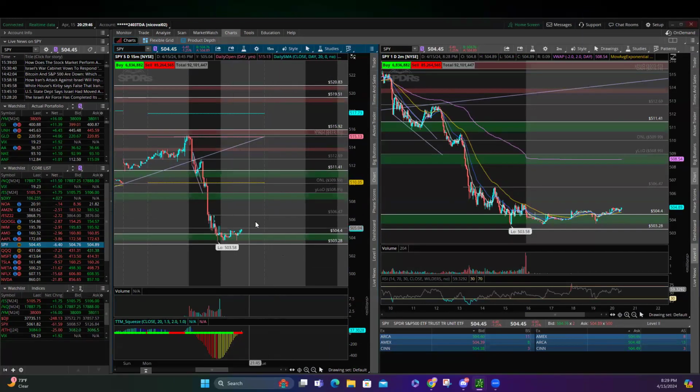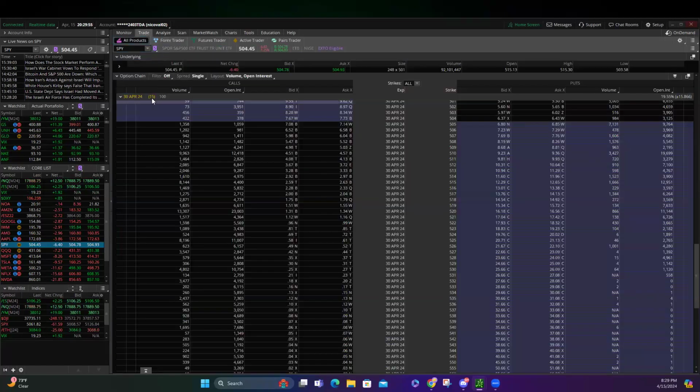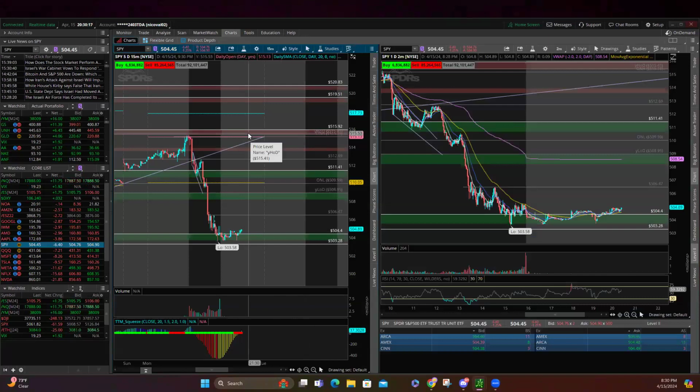So if I don't want to take the risk of a same day or maybe weeklies on SPY, I might be able to grab the end of April, the 30th of April, and jump into a 520 or a 530, and my contract is not going to degrade as fast as a daily or a weekly. And if the movement back to that price does happen, I'm going to take profit.